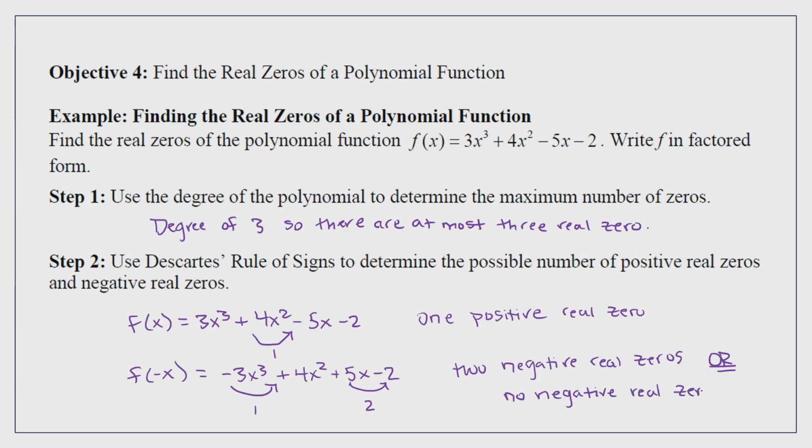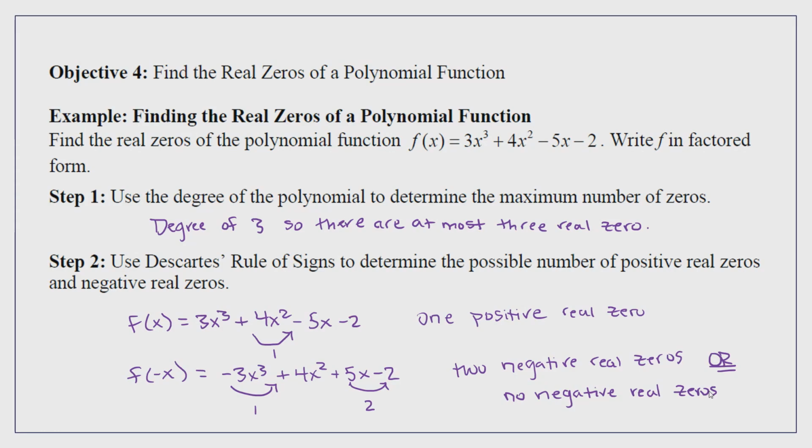And how do I know that it's negative? So remember, in Descartes' rule of signs, we are looking at the variations of the signs to determine the number of potential positive or negative real zeros. Or, we take that number minus 2 to determine the number of possible positive or negative real zeros.